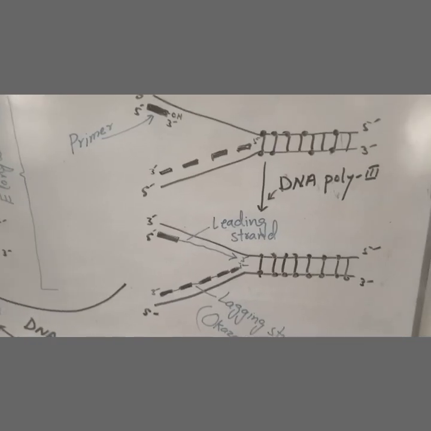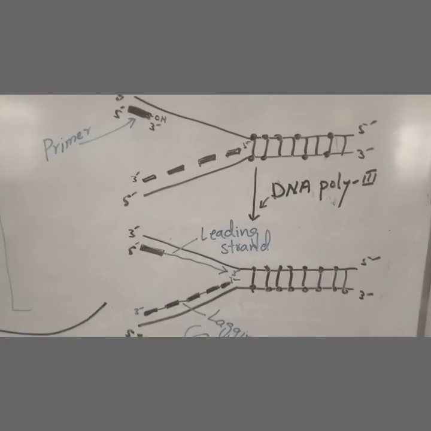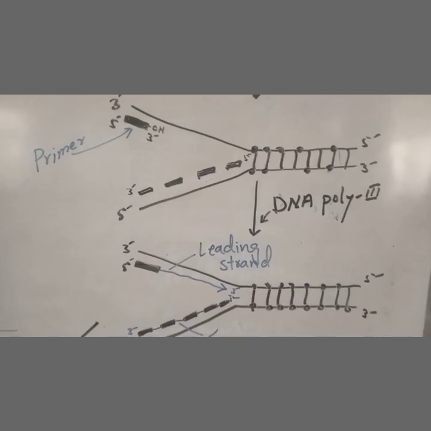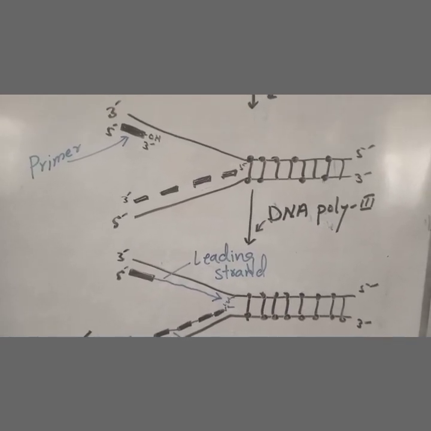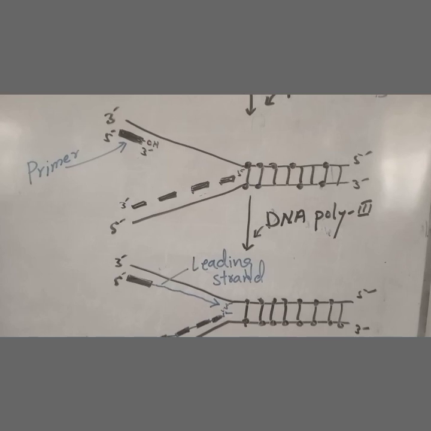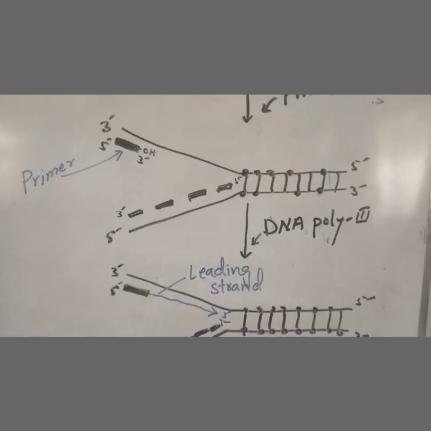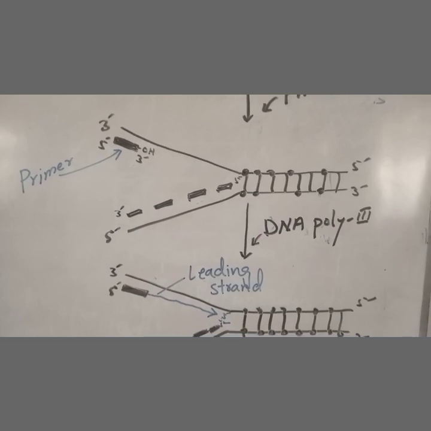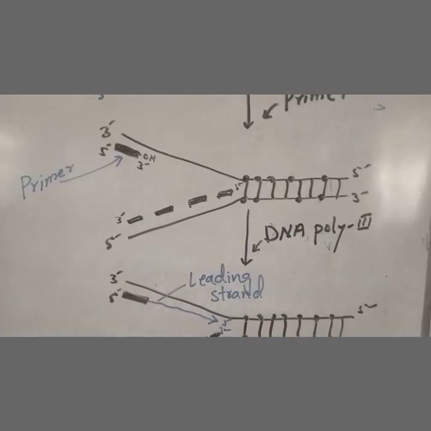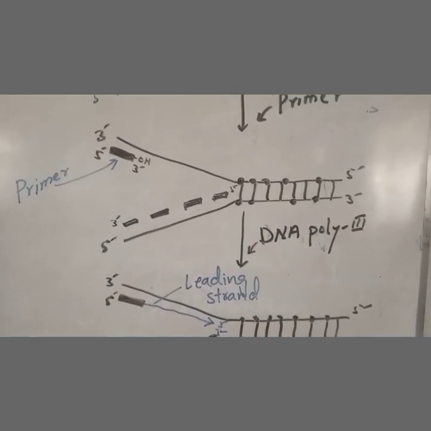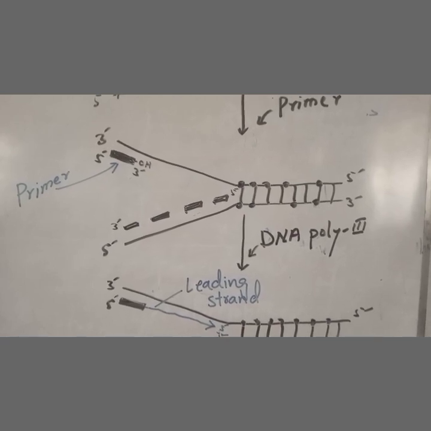This DNA polymerase 3 is a huge dimer molecule. That is, it consists of 2 units that further consist of several subunits. DNA polymerase 3 cannot initiate the replication process.